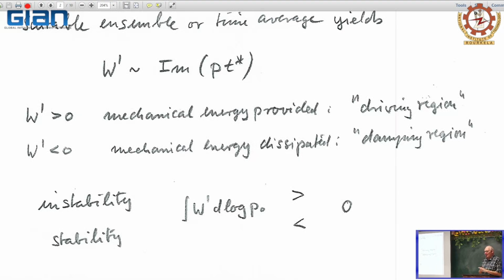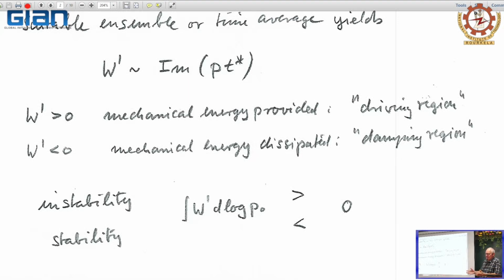In that way, we may identify within the star those regions which are driving and those regions which are damping. Okay, well, this gives you the position where a mode is excited or damped, but it does not provide any explanation or mechanism for the instability. The second step would then be, once we have a driving region, to ask what is special with the other quantities appearing in our equations.